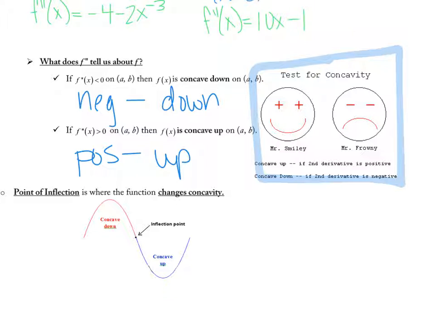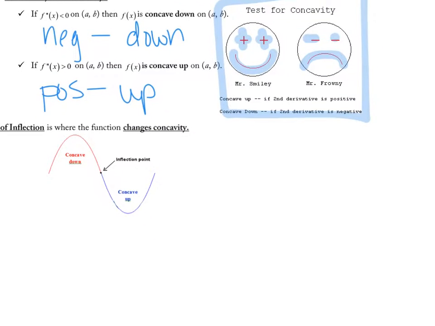When Mr. Smiley is smiling, then it's going to be concave up, which is positive, and Mr. Frowny is negative, so concave down. Just a fun little way to remember it. Okay, so basically what we have now is the first derivative and the second derivative test.